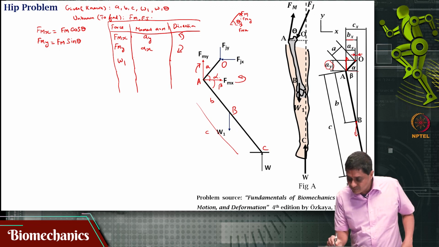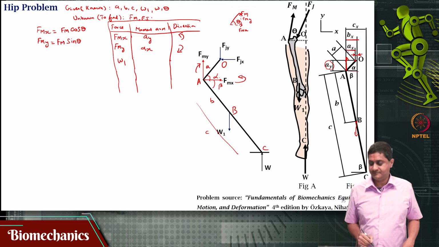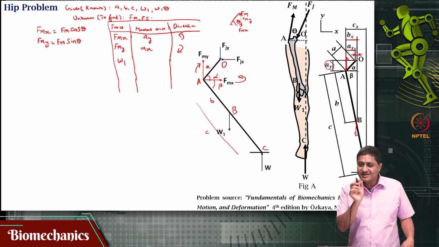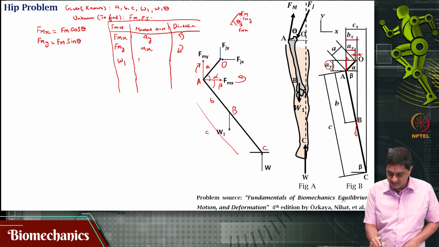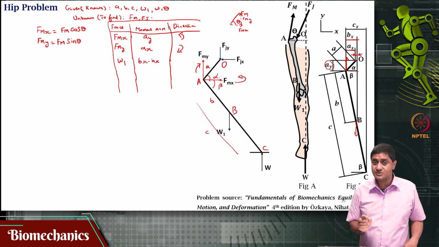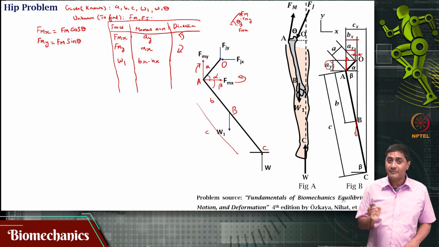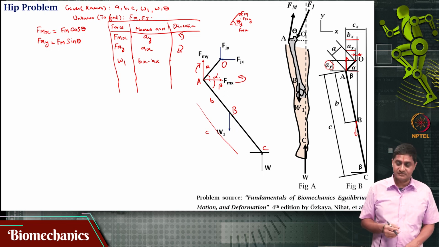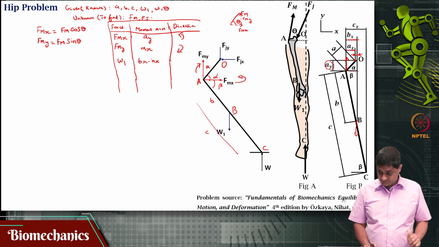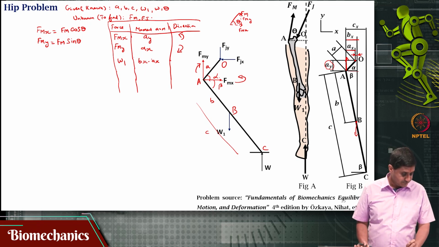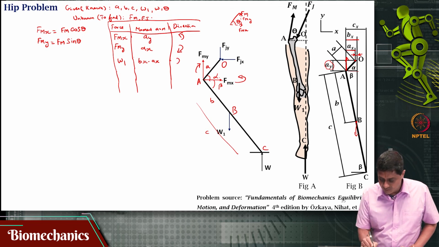That distance is Bx minus Ax. Okay, it is a very small distance. Remember, it is not Bx alone, it is Bx minus Ax. Why? Because I am taking moment about O and I am only interested in knowing the perpendicular distance with respect to the point O. That is Bx minus Ax, and that will actually cause a clockwise moment, is it not?